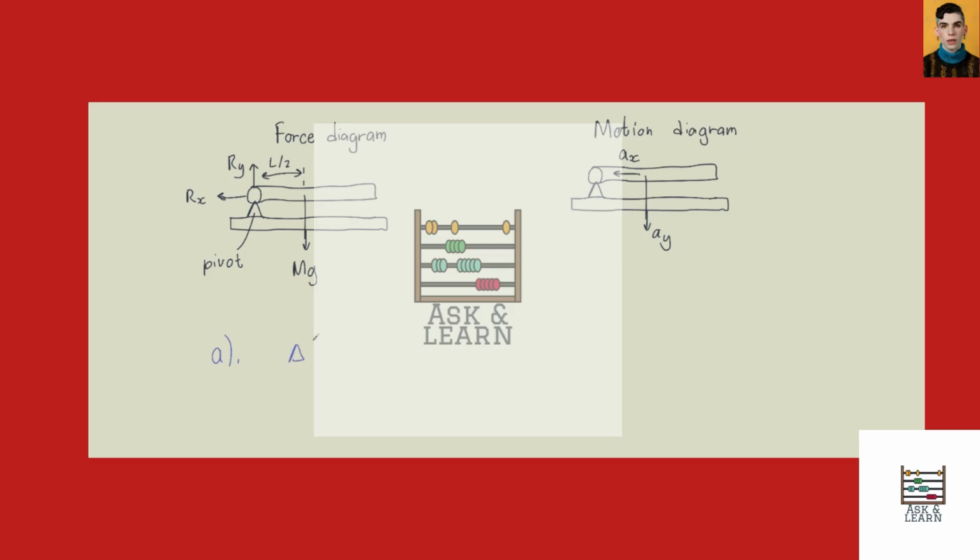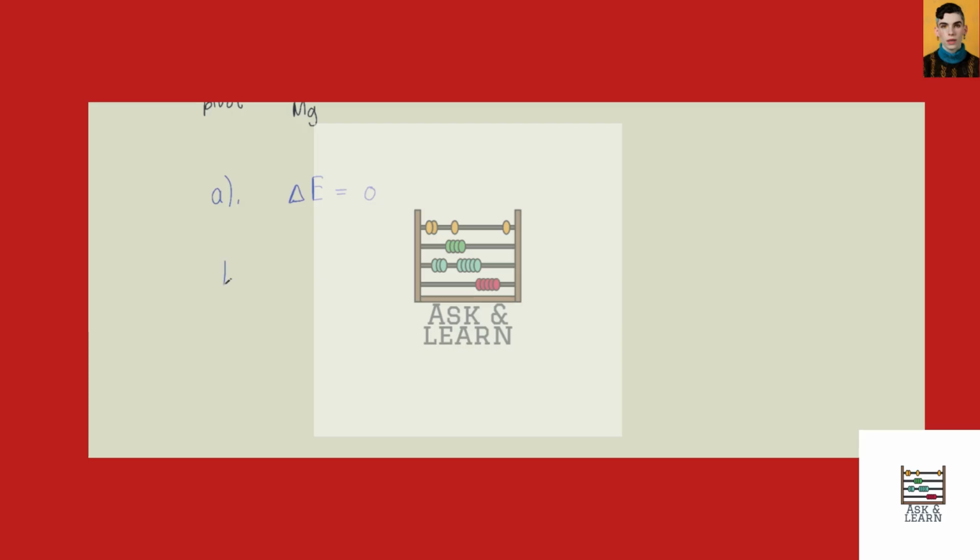Now, since only conservative forces act within the system of the rod and the earth, we know that there is no work done due to resistive forces, so delta E is equal to 0, which means that the final kinetic energy plus the final potential energy must equal the initial kinetic energy plus the initial potential energy, so energy is conserved. The final kinetic energy is angular, so that's a half I omega squared, and its final potential energy is 0.